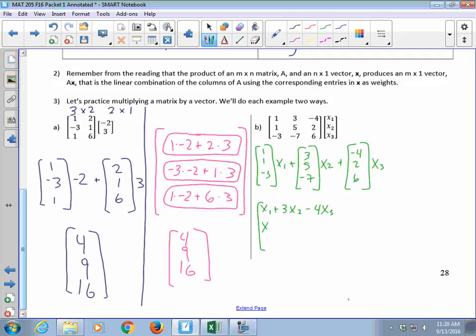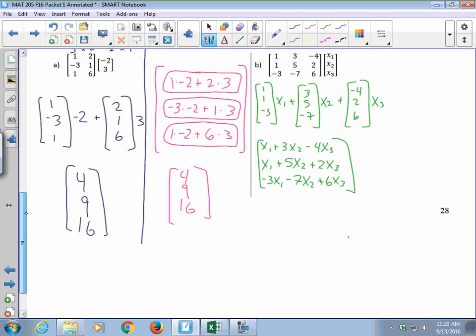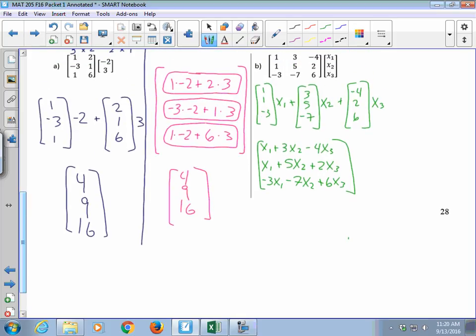And x1 plus 5x2 plus 2x3, and negative 3x1 minus 7x2 plus 6x3. So that's the way the book has shown you.